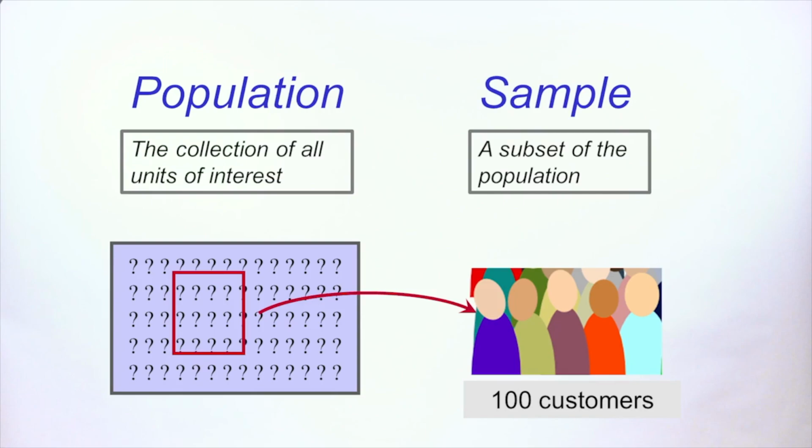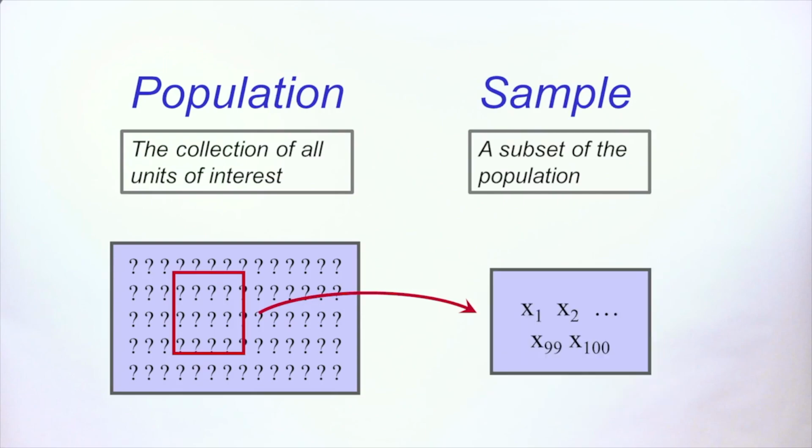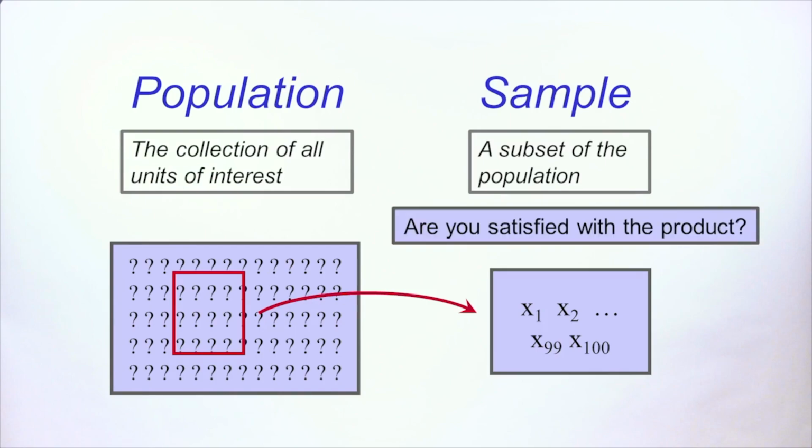These customers form our sample, and each customer in the sample is one measurement, represented by an X. So X1 for the first customer, X2 for the second customer in the sample, until we have 100 customers in our sample, X100. Each customer in the sample, we will ask the question, "Are you satisfied with our product?" And their answer will be our data.